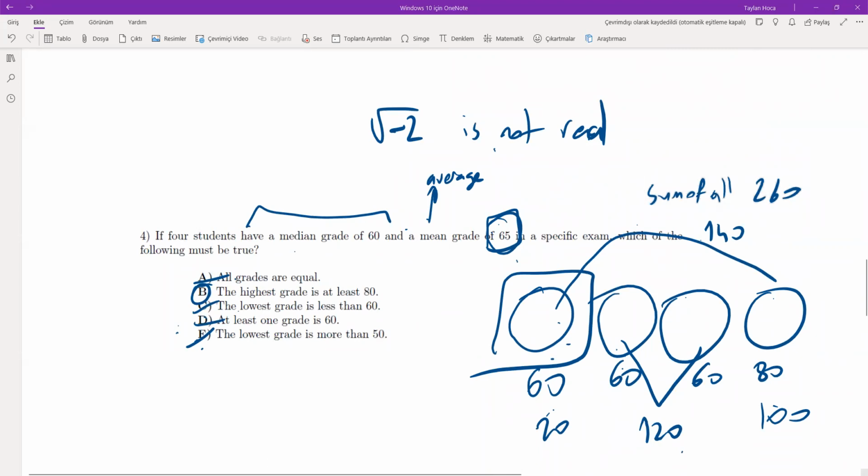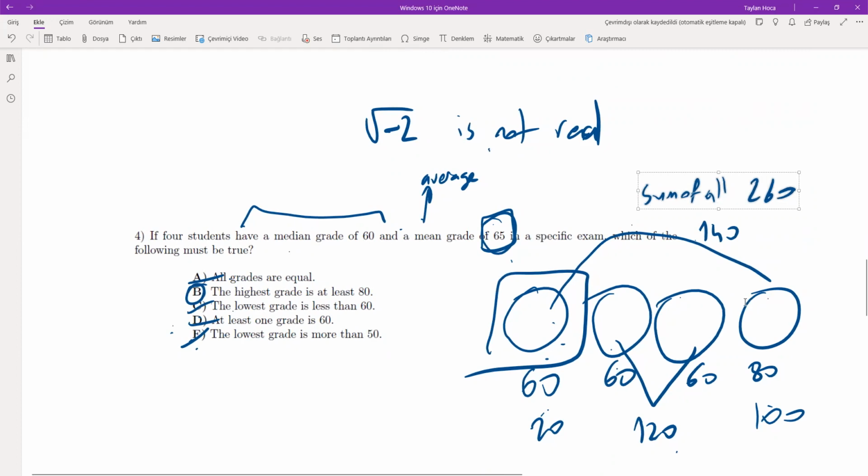Why was it 140? Because 260 is the sum of all 4, and 120 is the sum of the ones in the middle. So 140 is the sum of the minimum and the maximum.